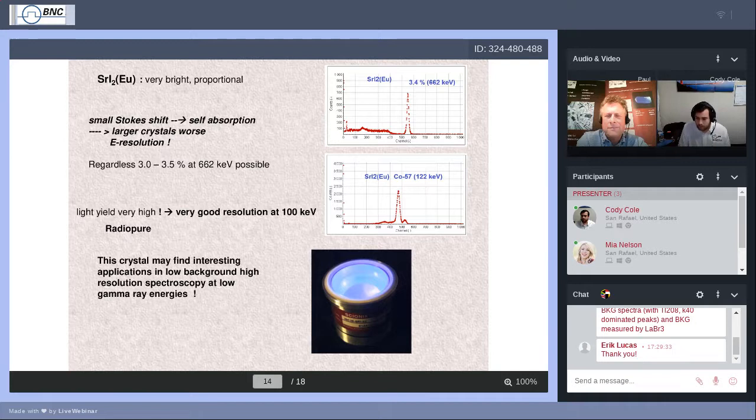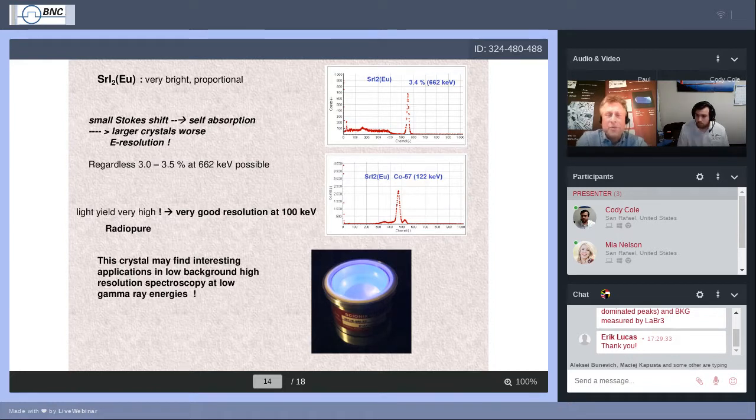The next question comes from Alexander, who is curious if you are capable of comparing the natural background spectra with Tl-208 and K-40 dominated peaks and background measured by lanthanum bromide.